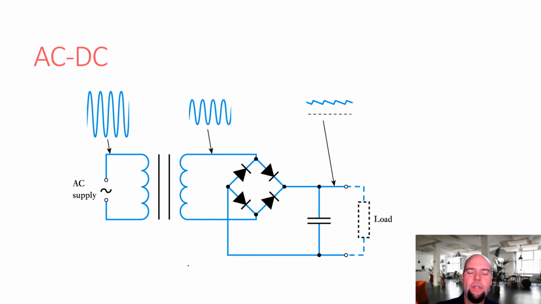Normally, the way you do AC to DC conversion is you first step it down. So you'll typically go from like 120 to something lower, 17 or 9 or something like that. And this is done with a transformer. Any sort of heavy wall converter has a transformer in it.